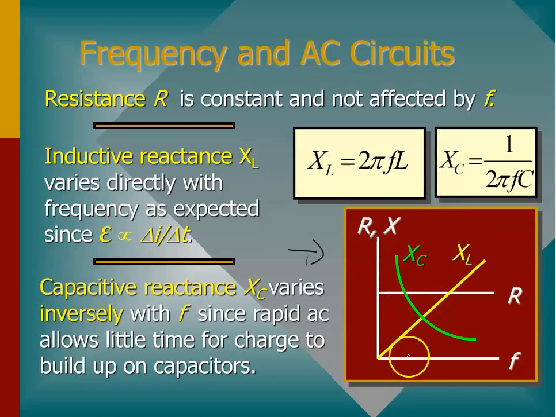Now as you can see over here, the x-axis represents the frequency and the y-axis represents the resistance. So when I say resistance, it will include your inductive reactance and your capacitive reactance, which are your XC and XL.